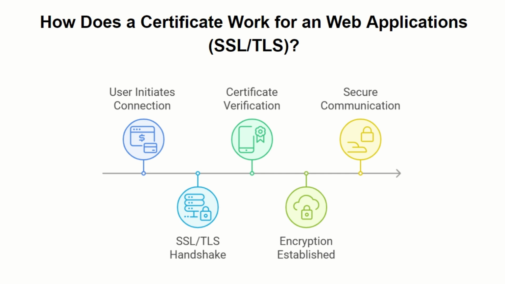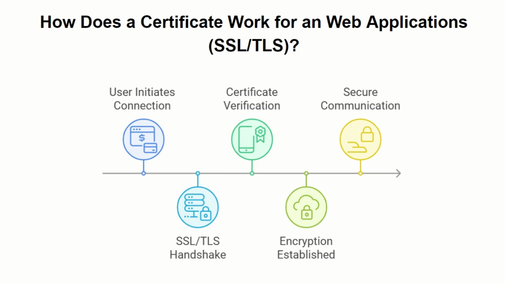So how does a certificate work for an application? For a web application, the user visits a website using HTTPS, which indicates secure communication. Then an SSL handshake happens: the server sends its SSL/TLS certificate to the user's browser.